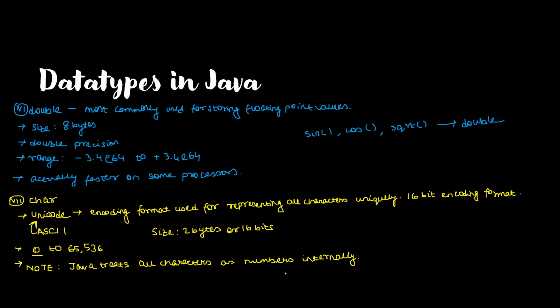So, let's say that you write char ch equals 127. It would give you the character whose Unicode value is 127.